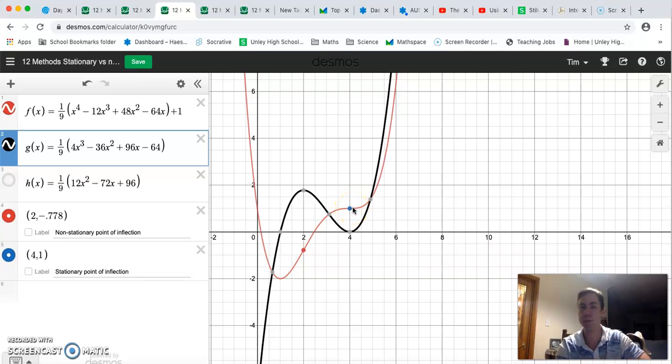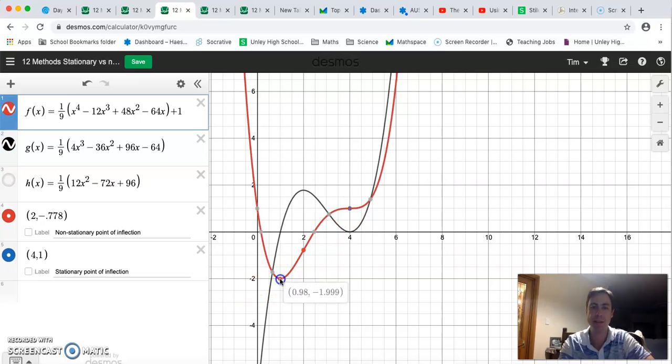And if we think about sign diagrams here, we could look at this local min at x equals 1. If I was to draw a sign diagram of this for the first derivative, I'd be going from negative, downhill gradient, to positive, and that would indicate a minimum.